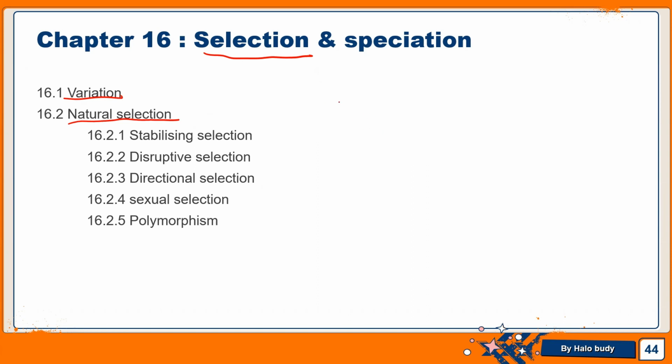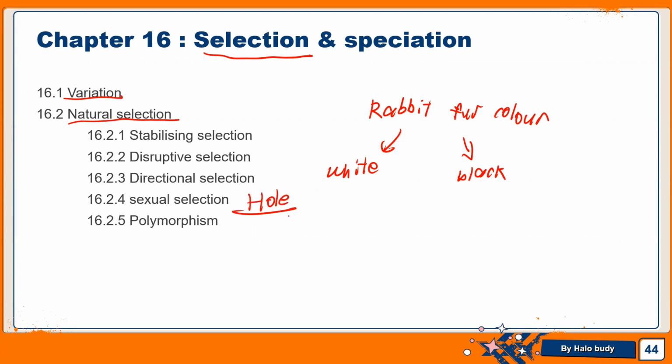Like for example, the rabbit fur color. There are white color and black color, and they have to survive in the hole. Mereka akan survive dalam lubang. The lightness of the hole is bright or dark. Dark light is dark light.